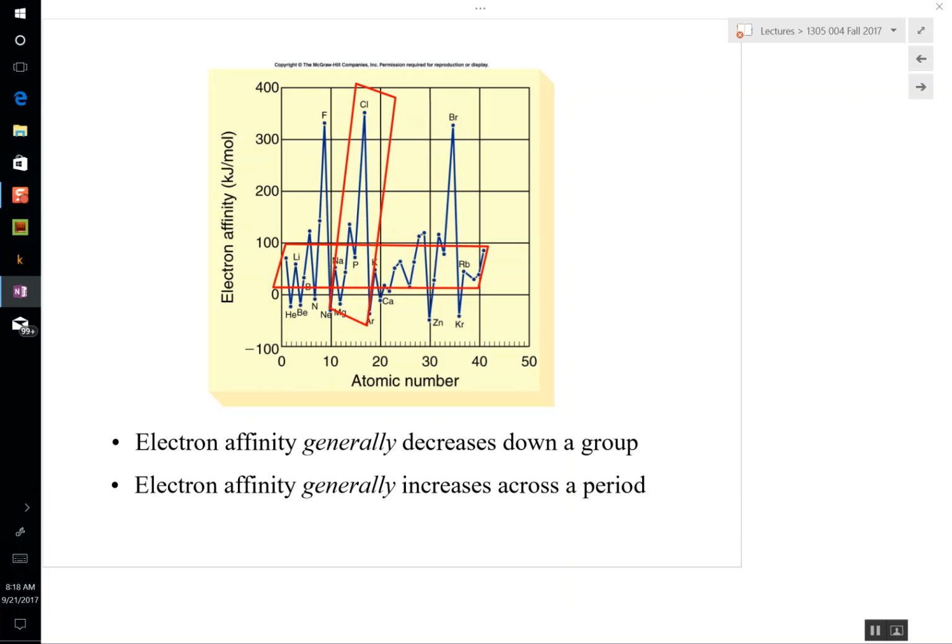Sodium and magnesium, very low electron affinities, almost zero. Magnesium's below zero. Here is lithium, beryllium, boron, that bounces around. You can see it's not just a straight line. That's why we call them a trend. This is a trend. But electron affinity increases as you go across the table.